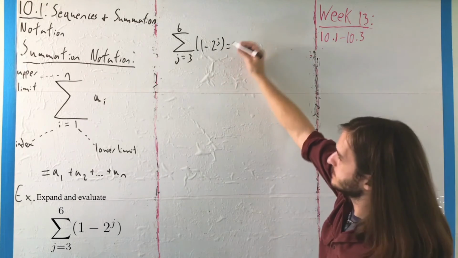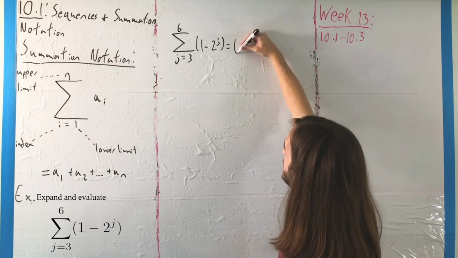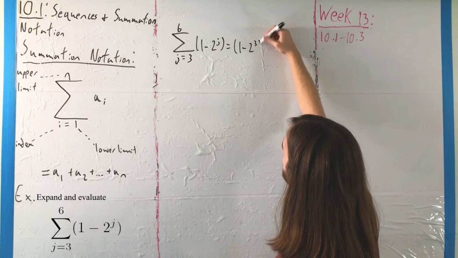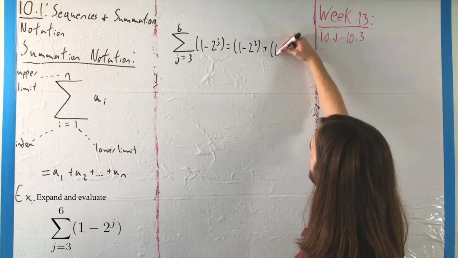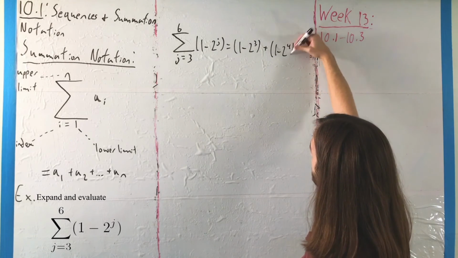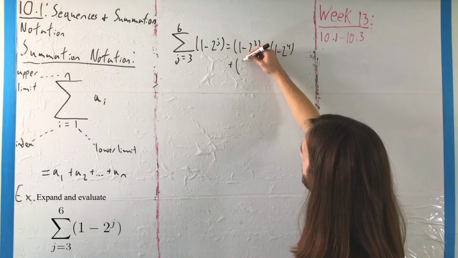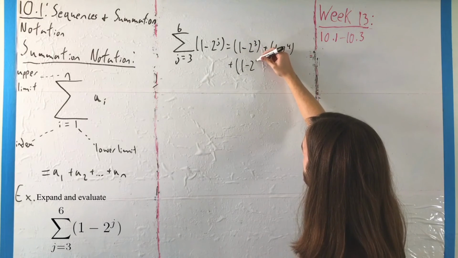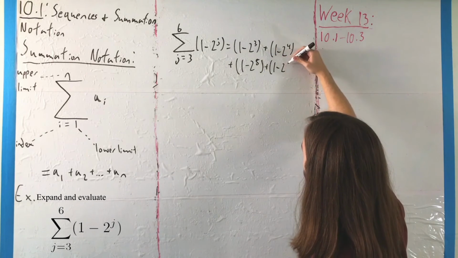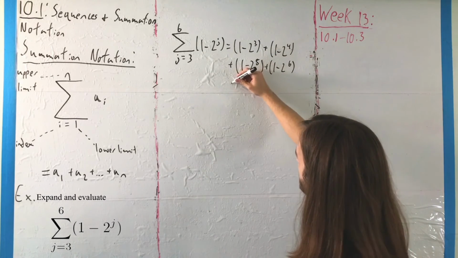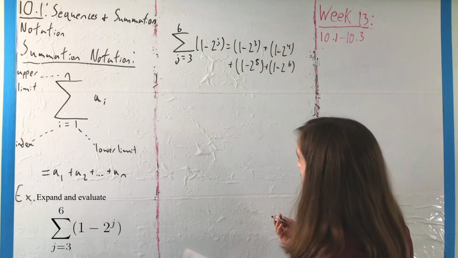So for our first term, we're at j equals 3, and that means we're going to take 1 minus 2 cubed. Then for our second one, we're going up from 3 to 4. We're going to take 1 minus 2 to the 4th. Then for our third, we're going to have 1 minus 2 to the 5th, plus 1 minus 2 to the 6th. And actually, that's it.